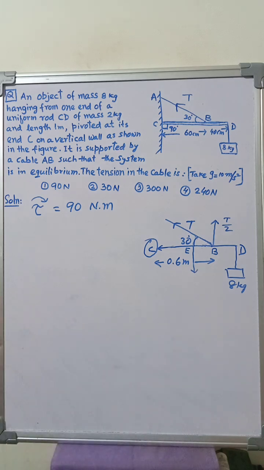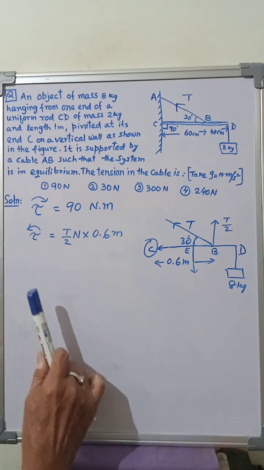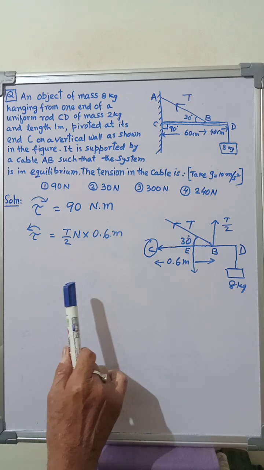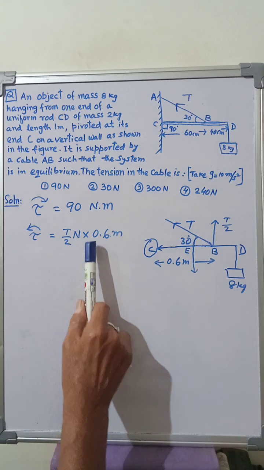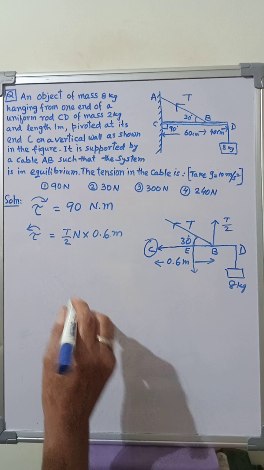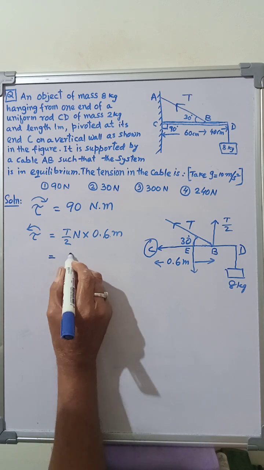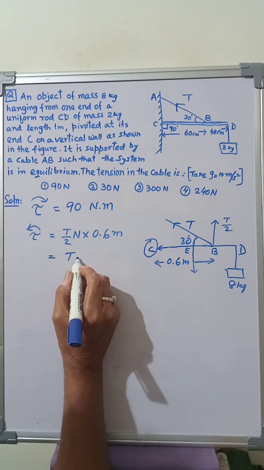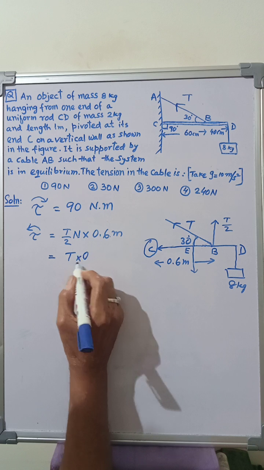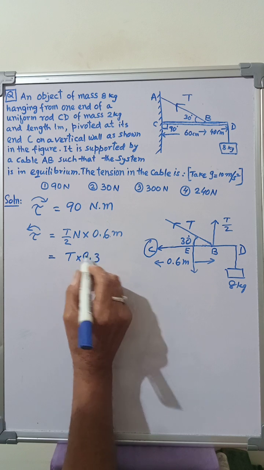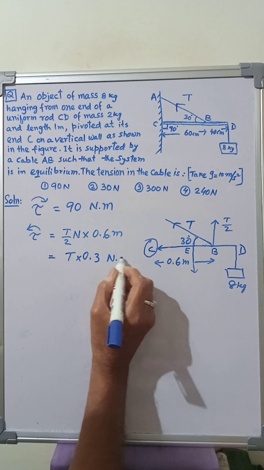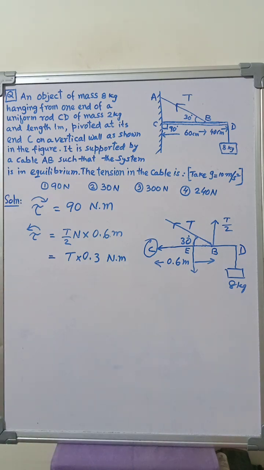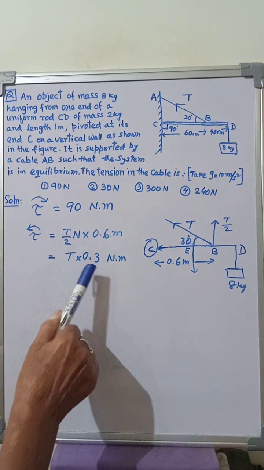Therefore, the total anti-clockwise torque is equal to T by 2 newtons into 0.6 meters, which is equal to T into 0.3 newton meter. Let us remove this and put it there.